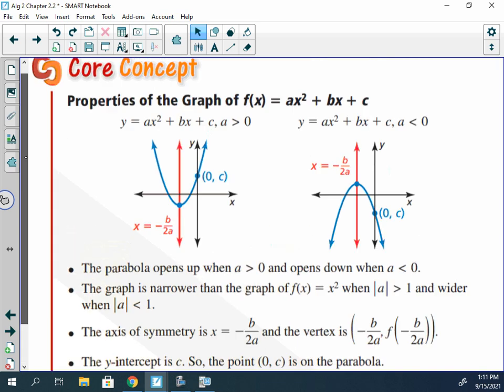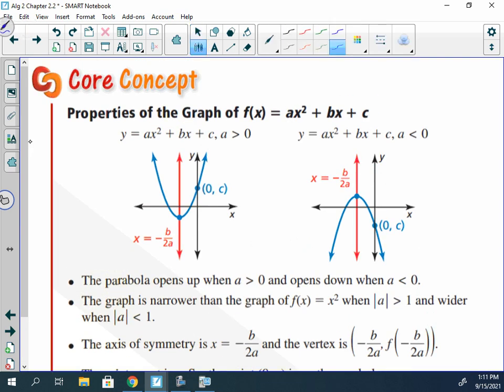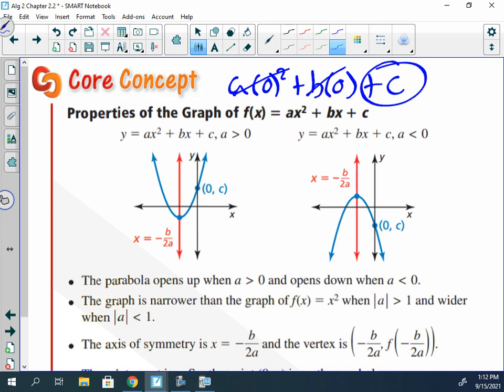So, well, if I go up to this general form, ax squared plus bx plus c, well, a times 0 squared plus b times 0 plus c. Well, what's a times 0 squared? 0, that's 0. B times 0. What's the only thing left? C. That's kind of nice.